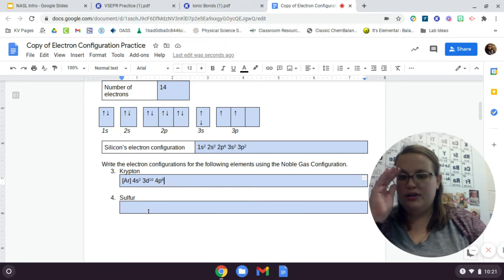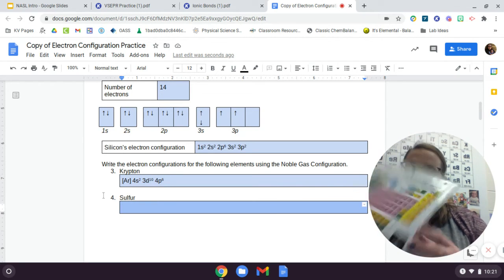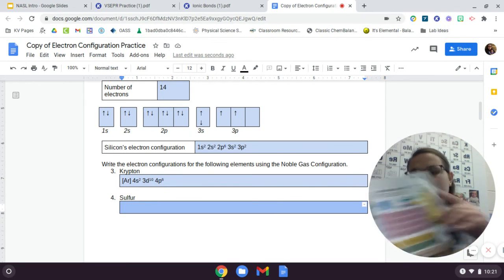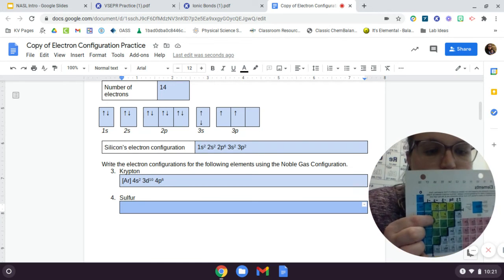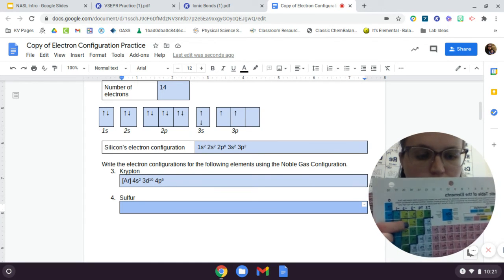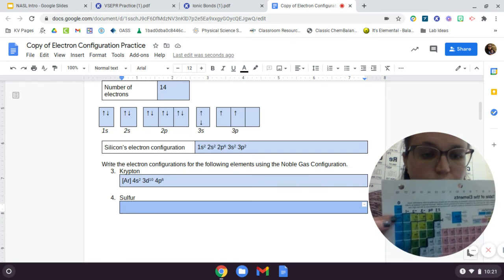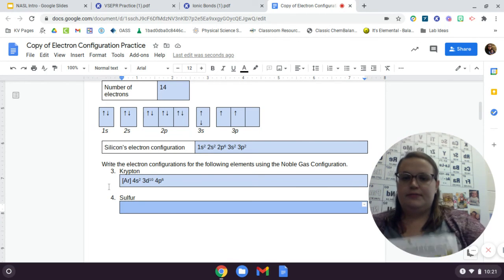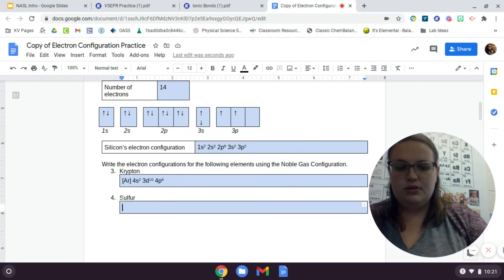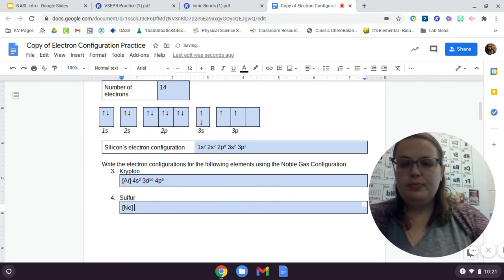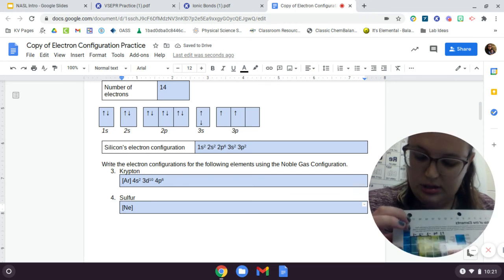Okay, let's do sulfur. Sulfur is number 16 on the periodic table. The noble gas in the row above that would be neon. Okay, so neon's here.